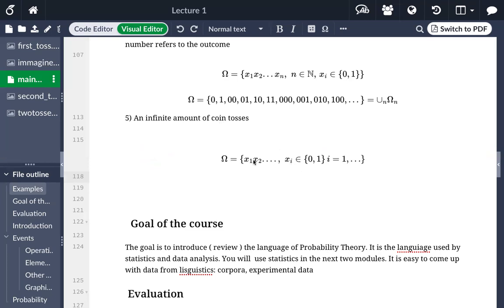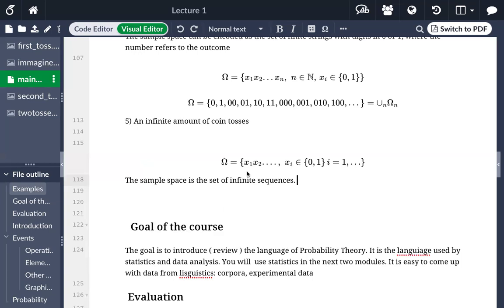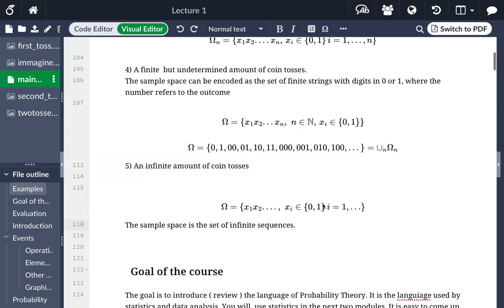So the sample space is the set of infinite sequences with these values. Now, do you have questions concerning these spaces?